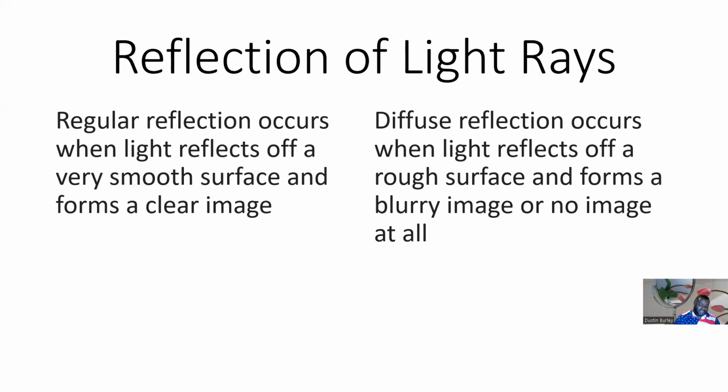Usually that could be anything from a mirror, and also sometimes water if it is calm and clear. Diffuse reflections occur when light reflects off of a rough surface and forms a blurry image or no image at all.